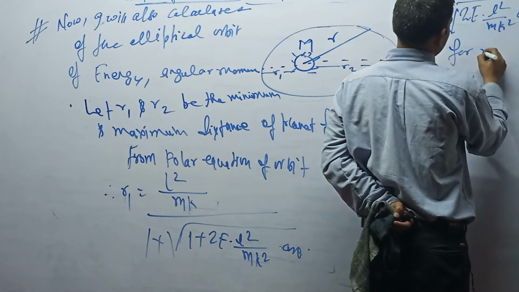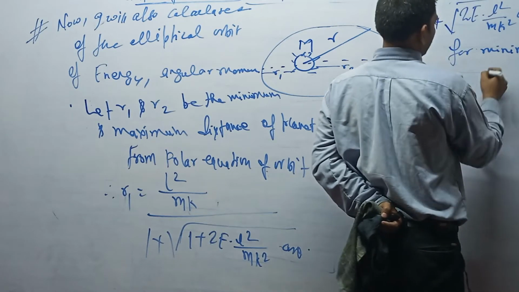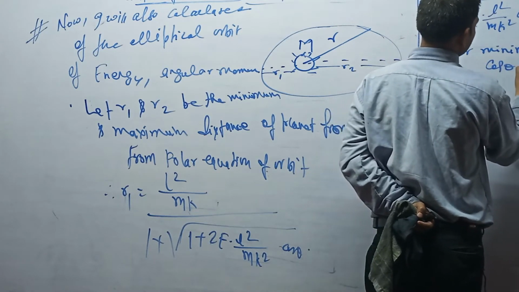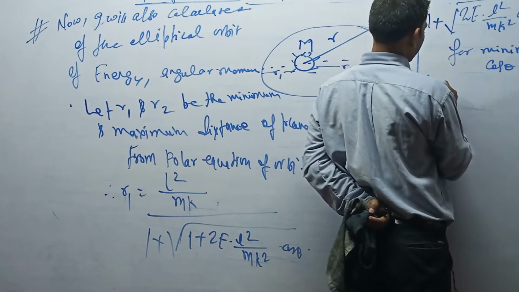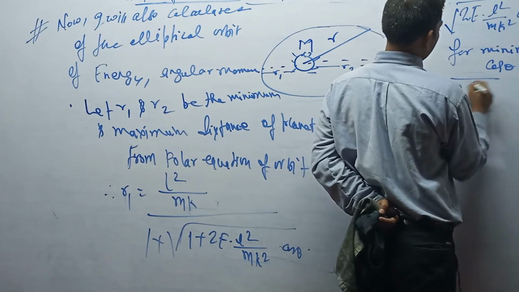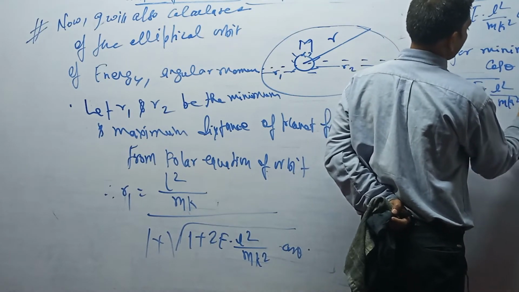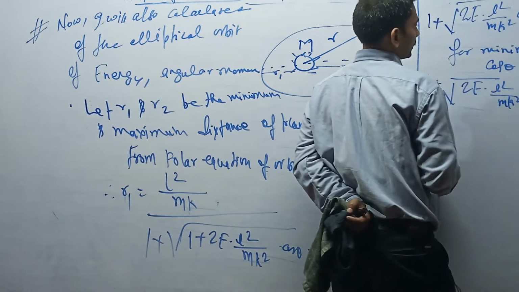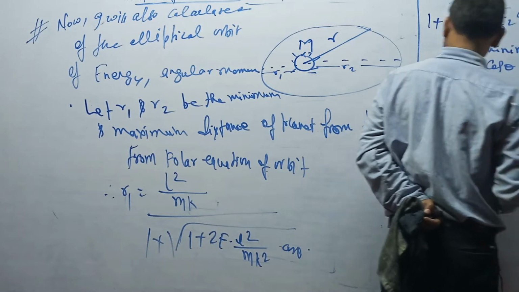For the minimum, cos theta is equal to 1. So now we can write 1 plus under root 2E L square upon mk square equals L square upon mk r1. Equation A.